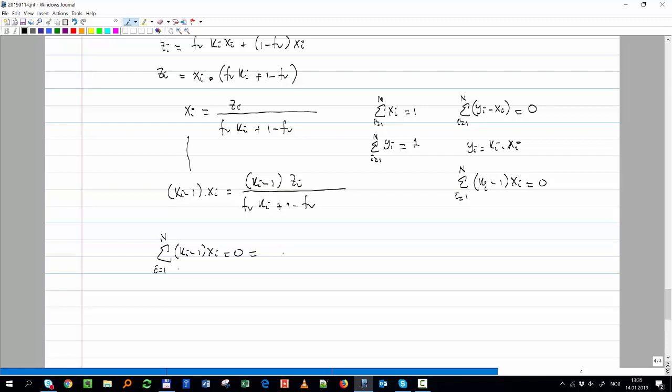And that is equal to the sum from 1 to n of ki minus 1 zi divided by fv, and voila. That's the expression here to the right, that's what we call the Rachford-Rice material balance expression to perform flash calculations.